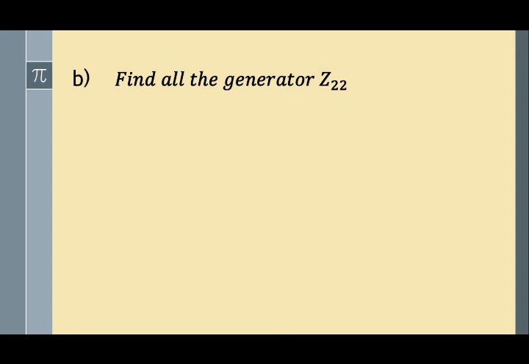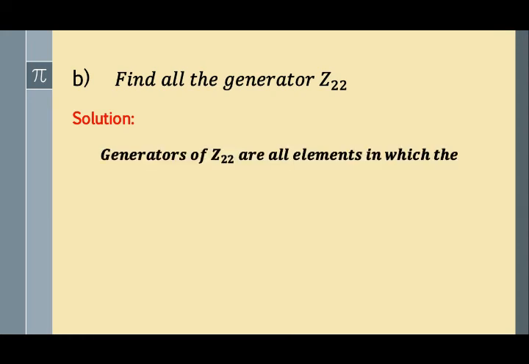Find all the generators of Z22. What are the generators? A generator is an element that generates all elements in a group. So the generators of Z22 are all the elements whose greatest common divisor with 22 is 1.